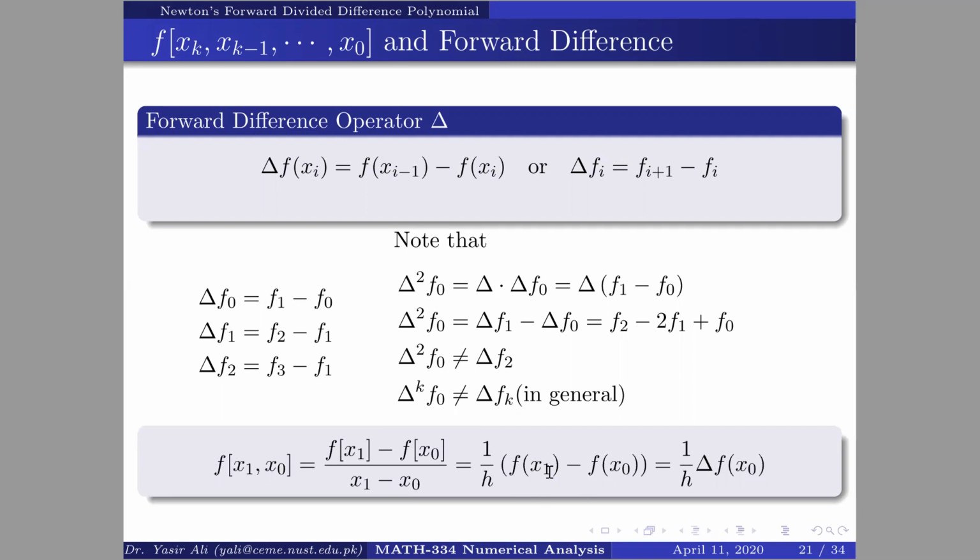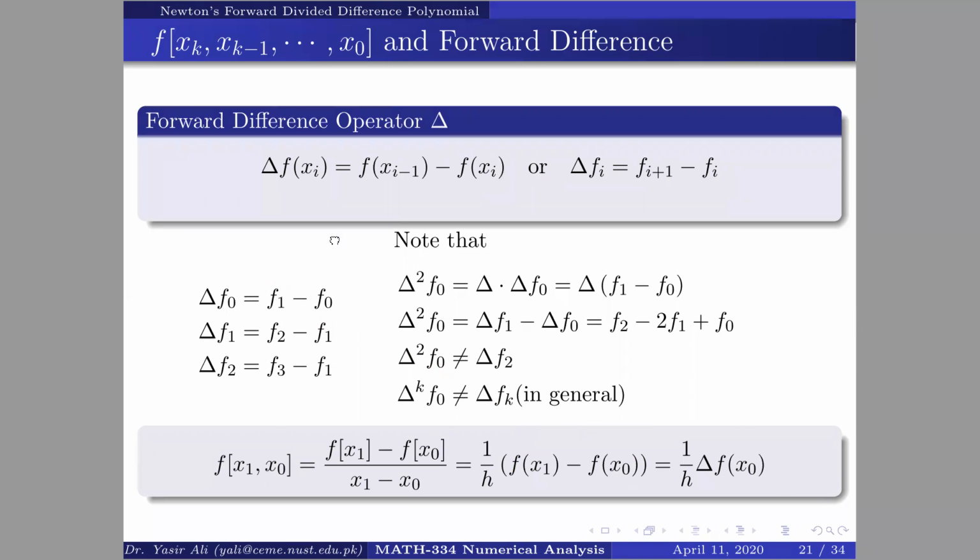It may be written as this, and according to the definition which we developed for f naught, this thing is equal to delta f naught. So we are left that the first difference is equal to 1 over h into delta of f naught.